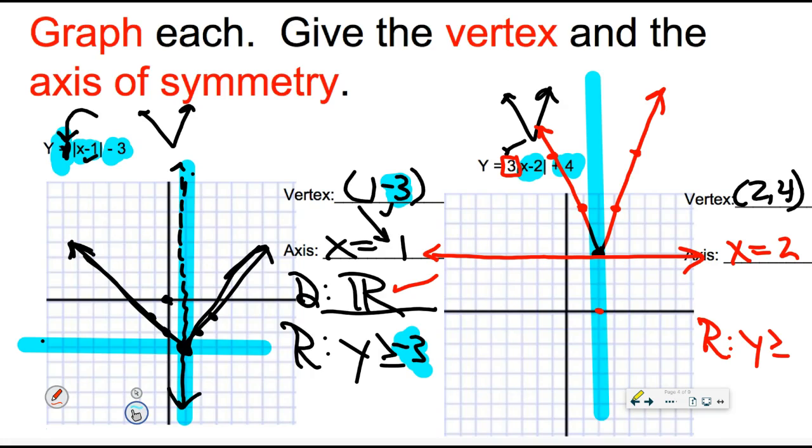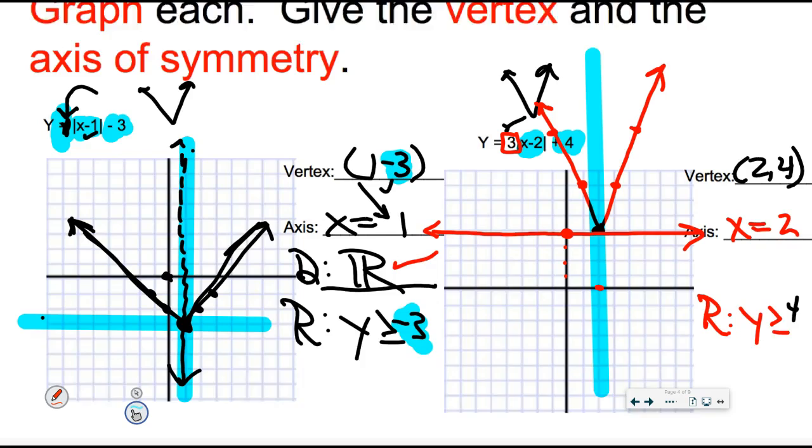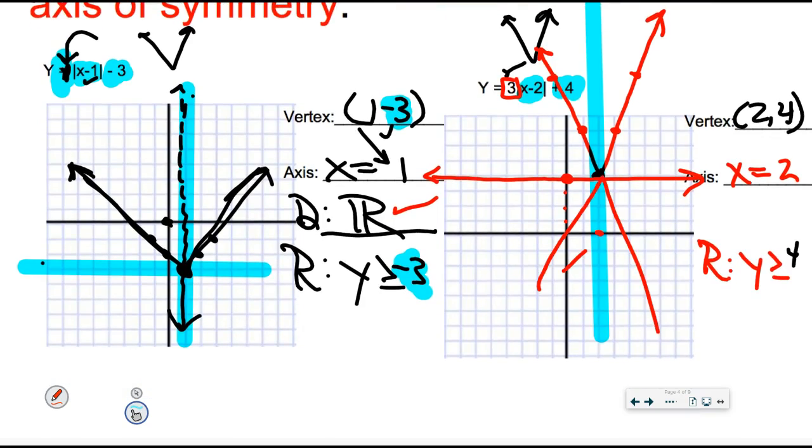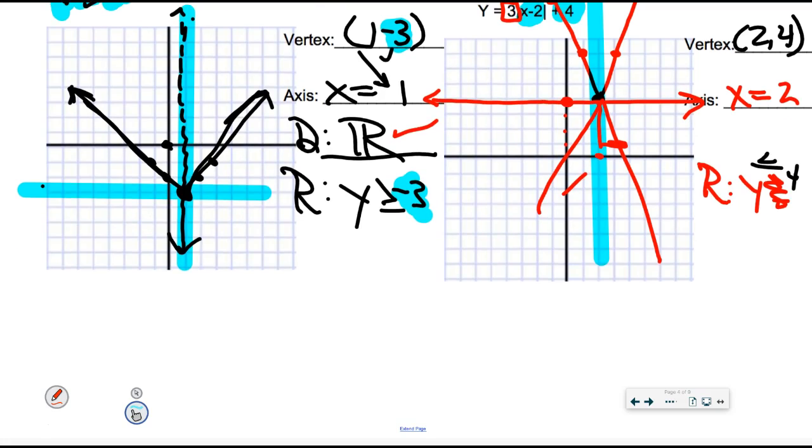What value? What are all the y's greater than or equal to? 4. Perfect. Now, had it been an upside down V, it would have led with a negative, right? And we would have gone down 3 over 1, and then this would have been less than or equal to. You see what I mean? The difference between those two, so good job.